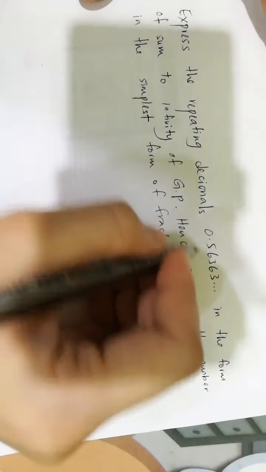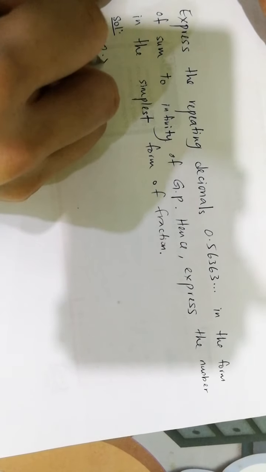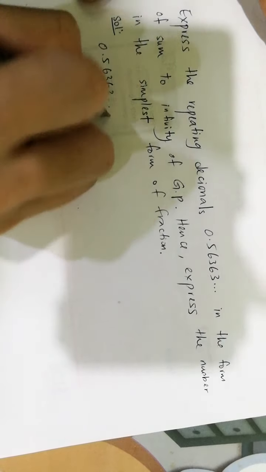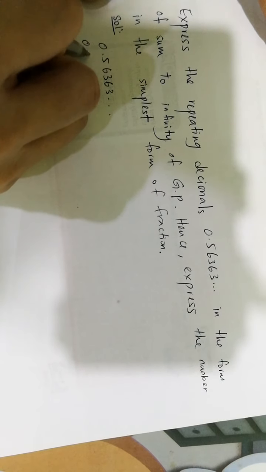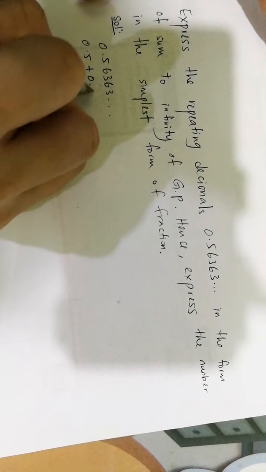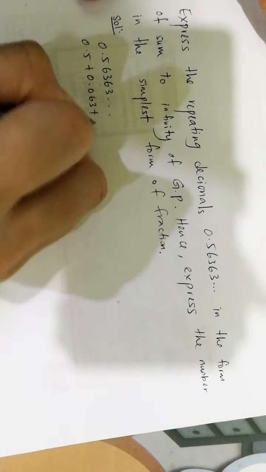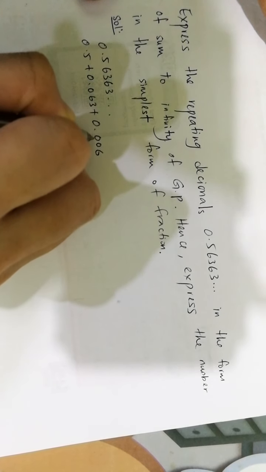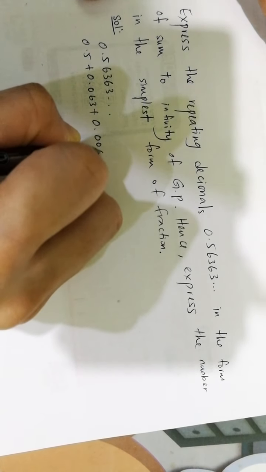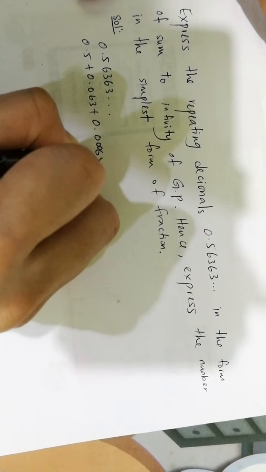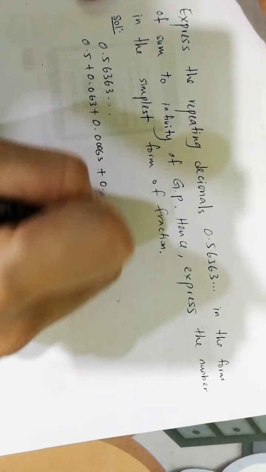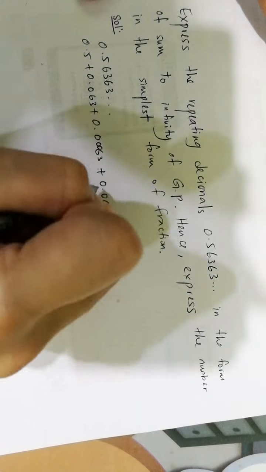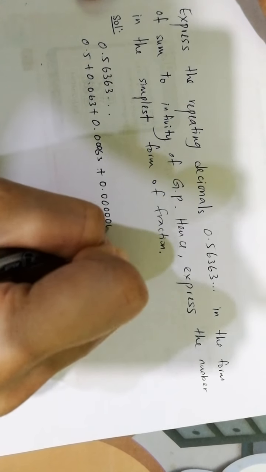So what we can say here is that 0.563 is repeating, so it's almost similar to what you have. It's 0.5 plus 0.063 plus 0.00063 and so on.